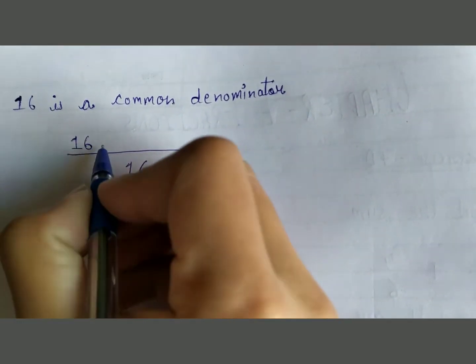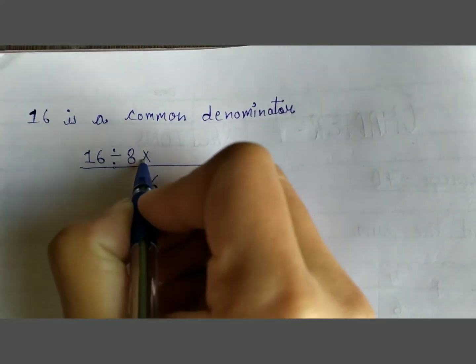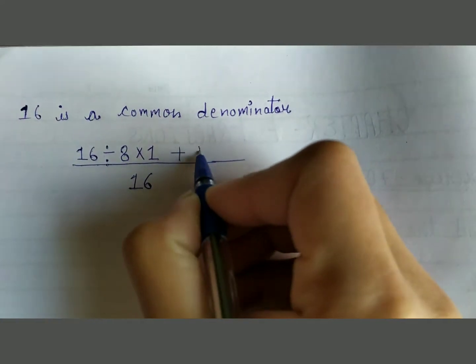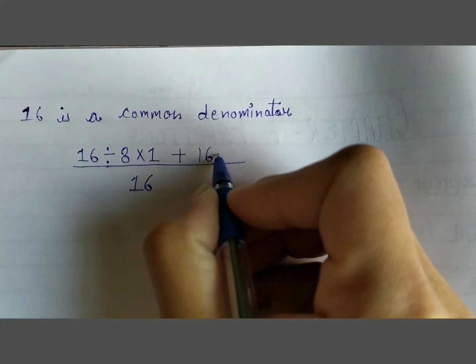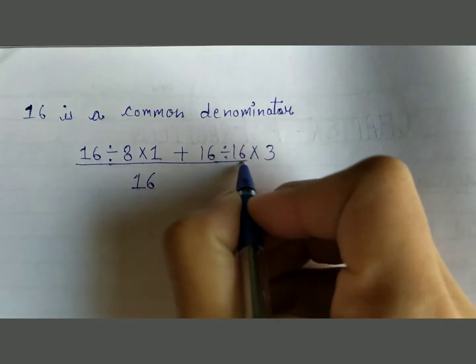Write 16 as a denominator. Write 16 divide by 8, multiply by 1, addition sign. Again write 16 divide by 16, multiply by 3.